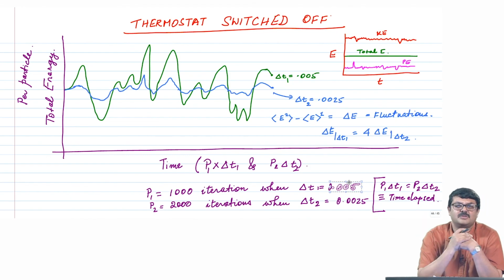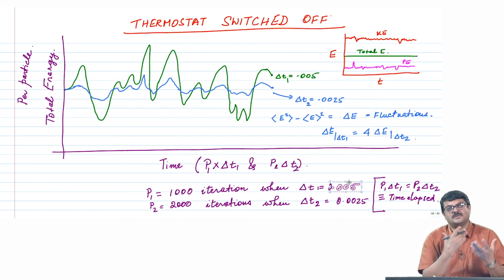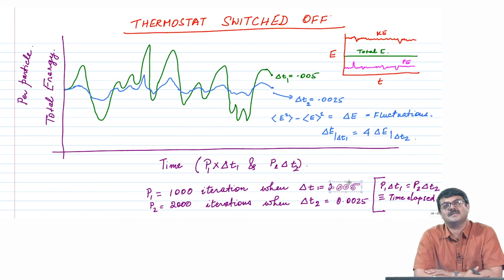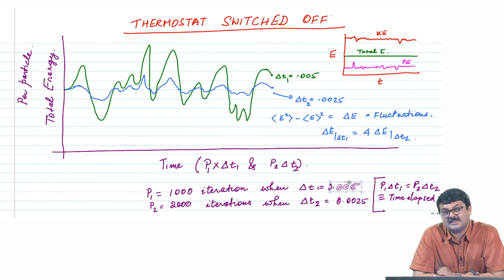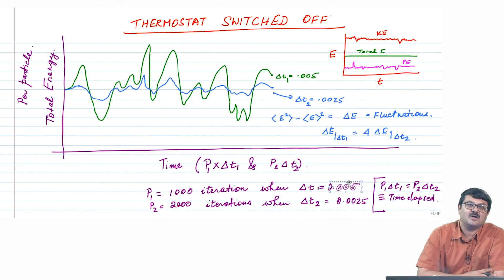So, it is basically going to fluctuate about an average, because whatever extraneous kinetic energy and potential energy exchange was there, you have already taken it out using the thermostat, right.